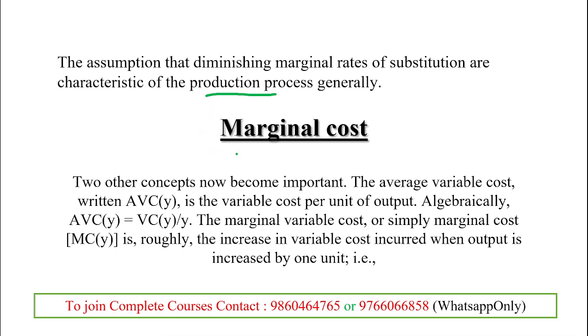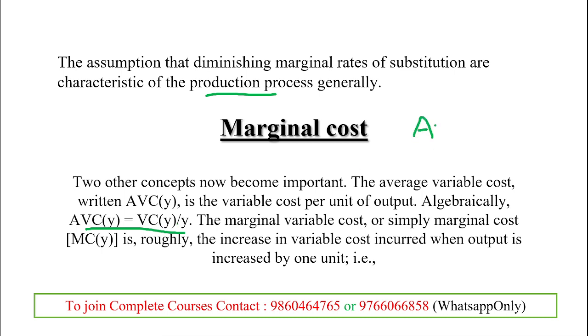And next, marginal cost. Marginal cost is the additional cost, related to the average variable cost, AVC, the average cost per unit of output. Algebraically we can write AVC of y equals VC of y by y, where VC is the variable cost and y is the output.